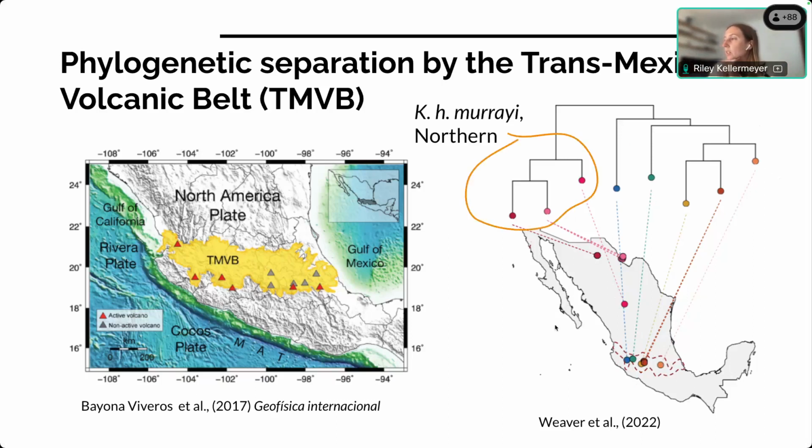And so looking at this data, we have our Kinosternon hirtipes murrayi northern populations, these ones up here, are branched quite significantly from the ones in the Trans-Mexican Volcanic Belt. But we still have a population of murrayi down here in the belt that is quite disparate from the northern population. And you can see that based on how diverged they are on this tree compared to the northern ones.